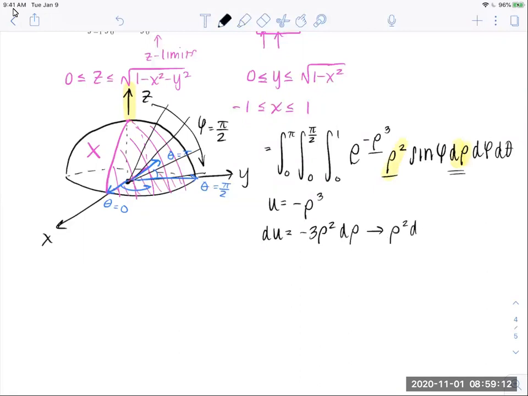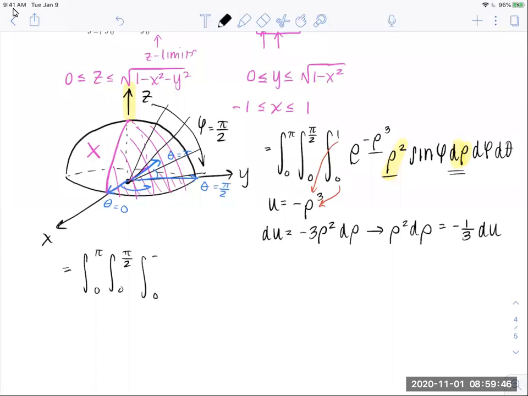Rho squared d rho is a negative 1/3 du. Okay, so let's go ahead and substitute. And because it's so easy, I'm going to change my limits of integration. When rho is 0, u is 0. And when rho is 1, u is a negative 1.